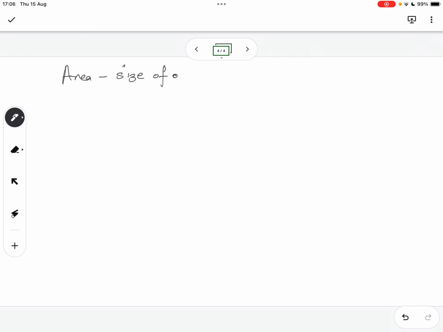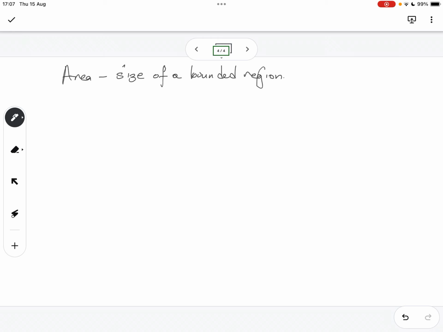We express the area of a bounded region in terms of the number of square units covered by the particular bounded region.